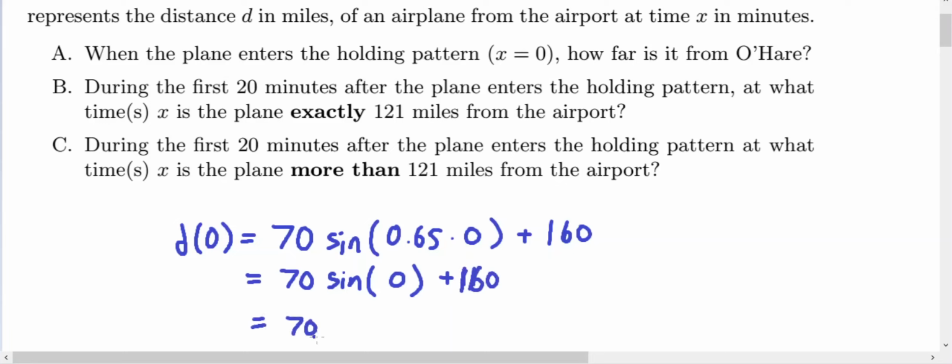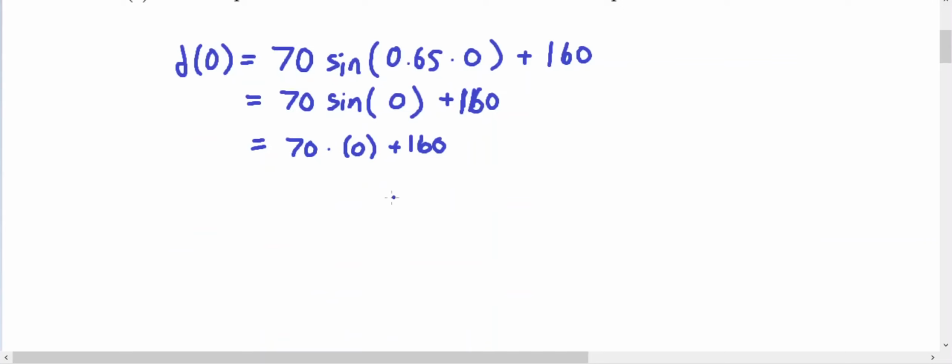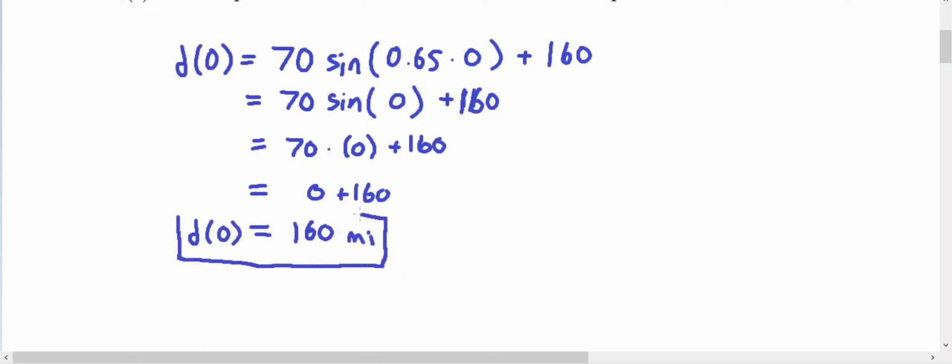And then the sine of 0 is itself 0. Finishing up, 70 times 0 is 0, so we're left with just 160. We need to make sure to equip this with units though, so this is 160 miles. So we have the answer for part A.